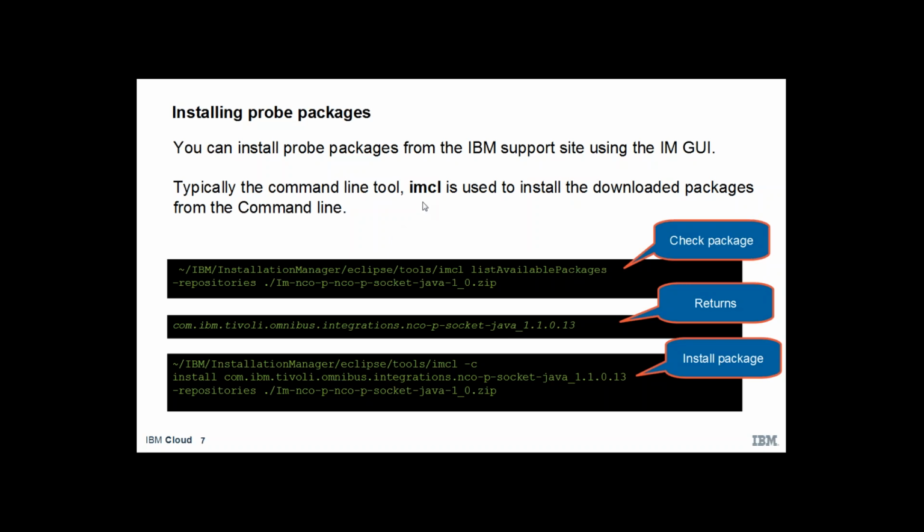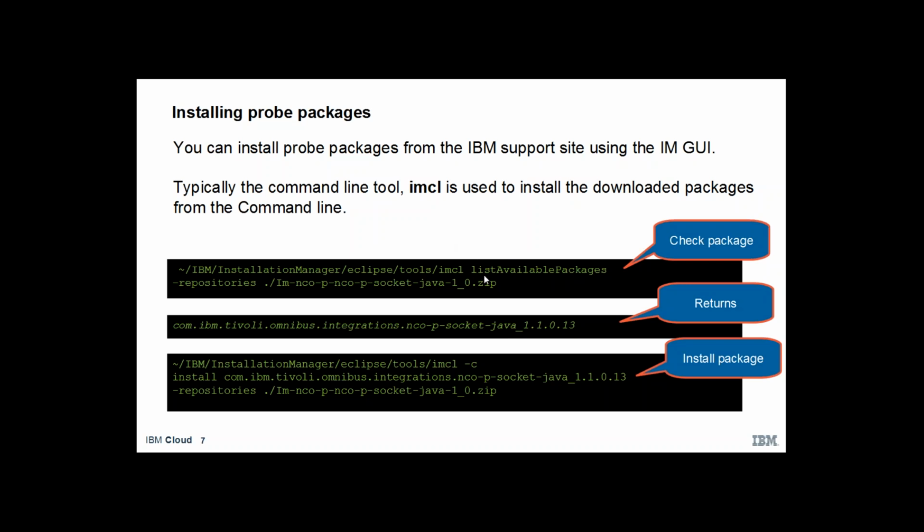This is called IMCL. It's fairly straightforward. It has an interactive mode as well as a non-interactive command line mode, and these are the simple, most used commands that you're going to end up using if you're doing a probe installation.